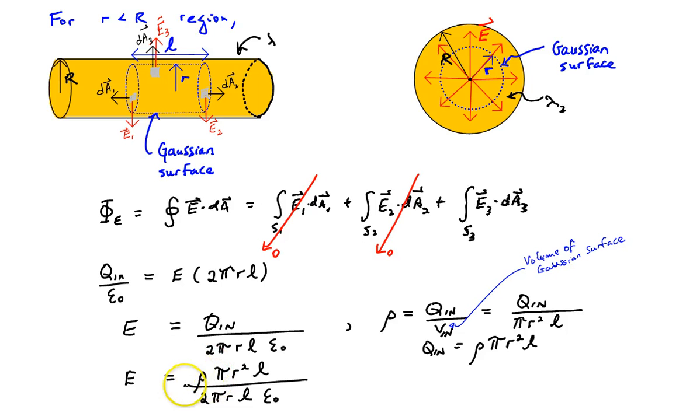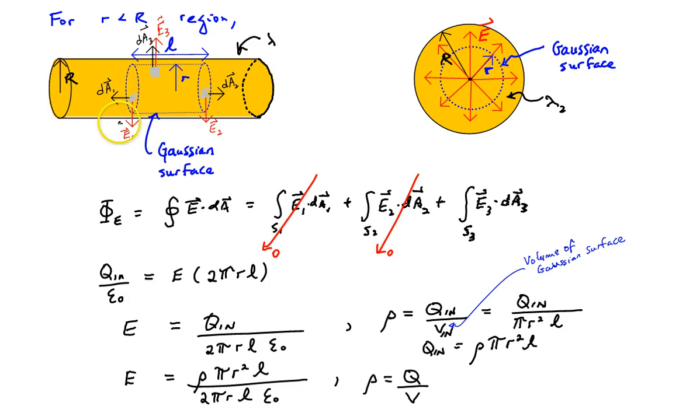But we can also get rid of this density and write that density in terms of the charge density for the entire cylindrical wire. So that would be the total charge Q divided by the total volume. Now in this particular case, we know that the wire is infinitely long.